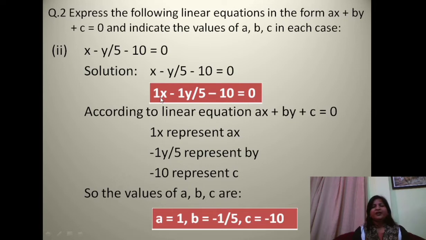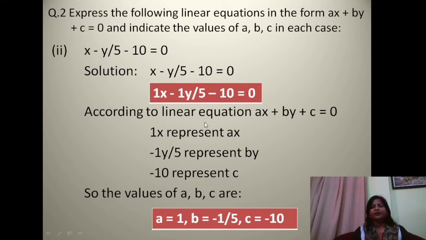Why have we multiplied by 1 in x and y? Because we have to find the values of a and b. So here we have multiplied by 1 because there will be no effect on the value of x and y upon 5.